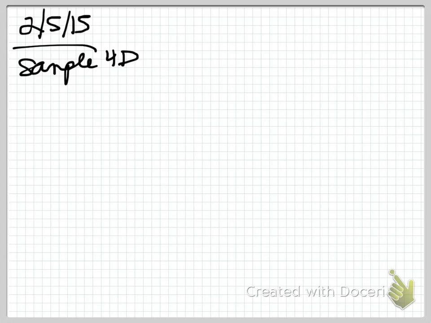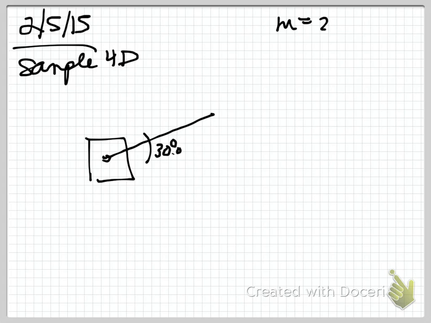Okay, let's do this. We have a student moving a box of books attached to a rope. We pull on lots of things with rope here, and that rope is at a 30-degree angle above the horizon. And the box of books has a mass of 20, so we'll list everything up here. Mass is 20.0 kilograms.